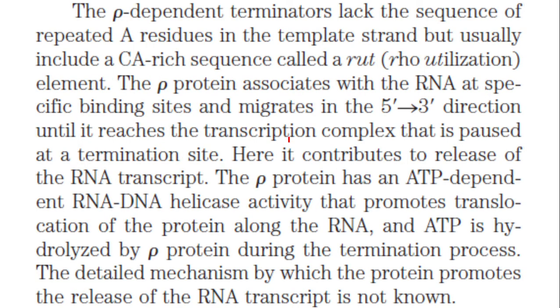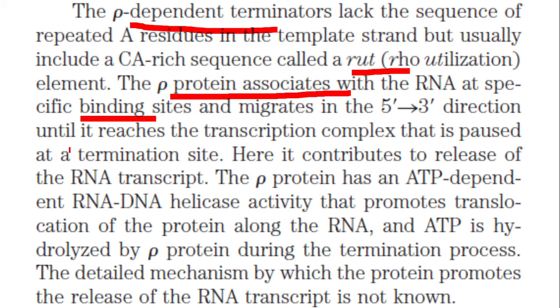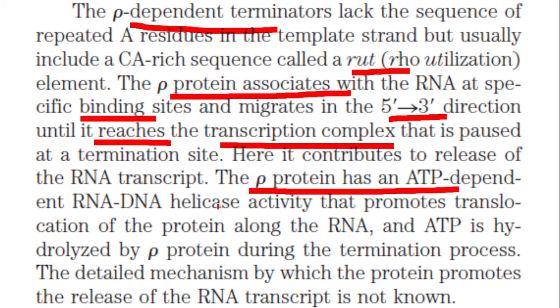Now, what is a Rho dependent terminator? Here, there is a factor called Rho factor. The Rho factor associates with the RNA at a certain binding site. Then it moves in the 5' to 3' direction along the RNA. It reaches a transcription complex. Then the Rho protein has ATP dependent RNA-DNA helicase activity.